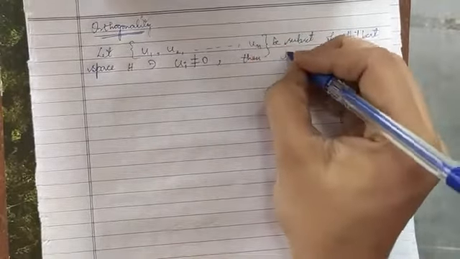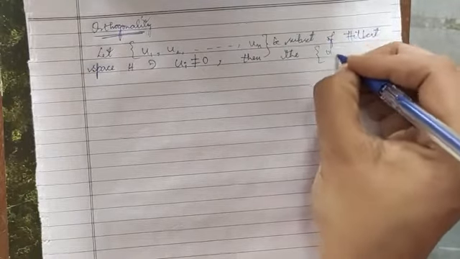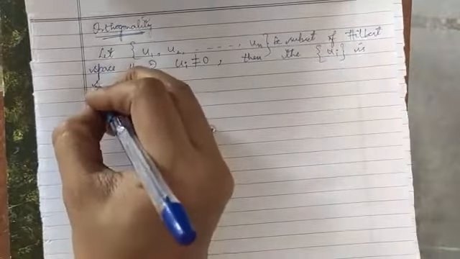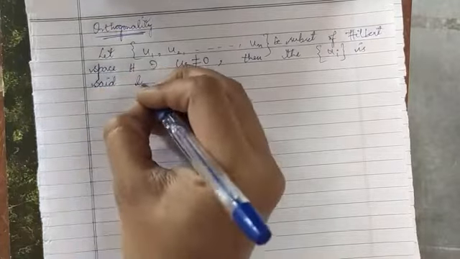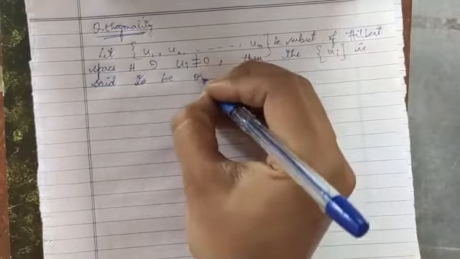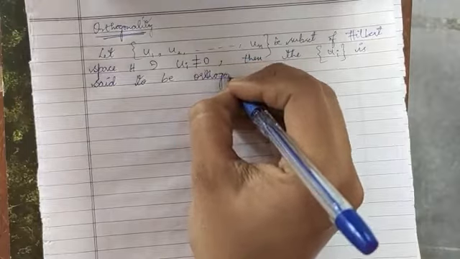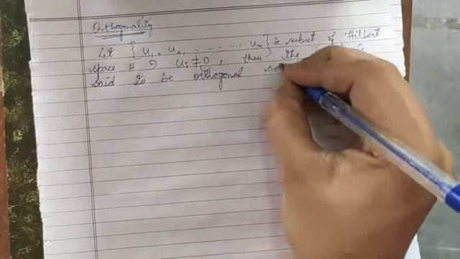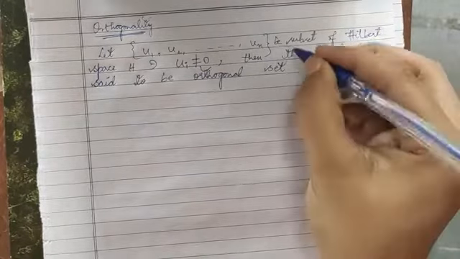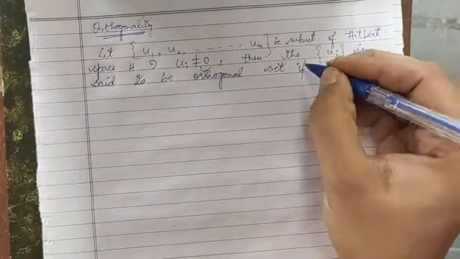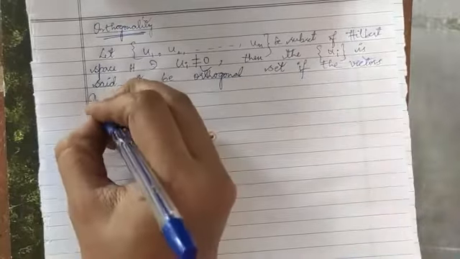Then the set ui, the collection of ui, is said to be orthogonal if the vectors are pairwise orthogonal.